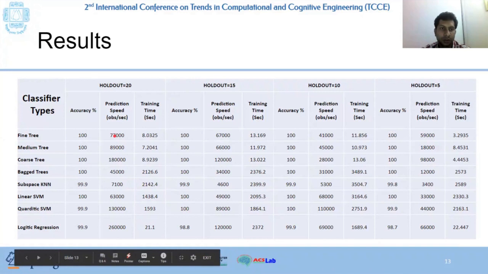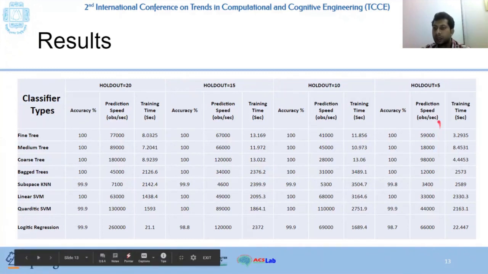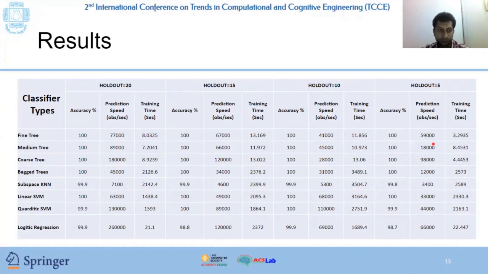As we can observe, if the holdout percentage decreases, the training time goes down. That means we have a higher prediction speed.